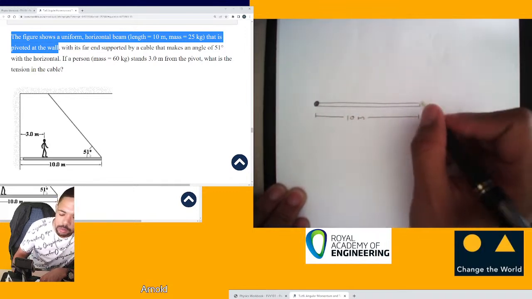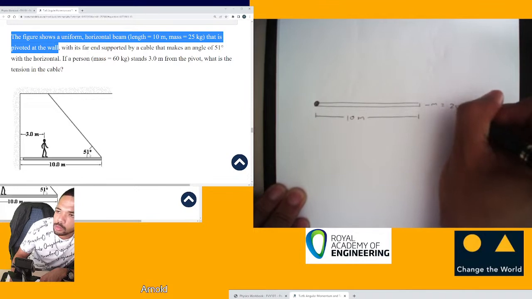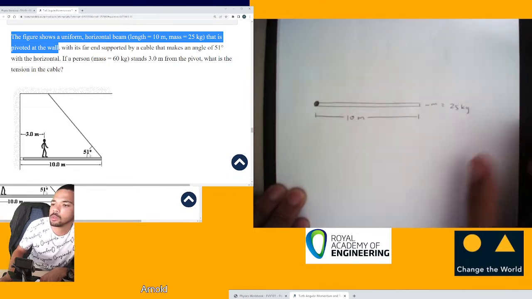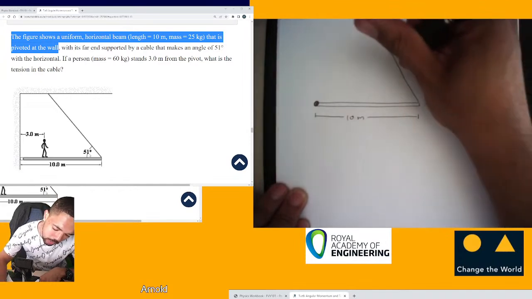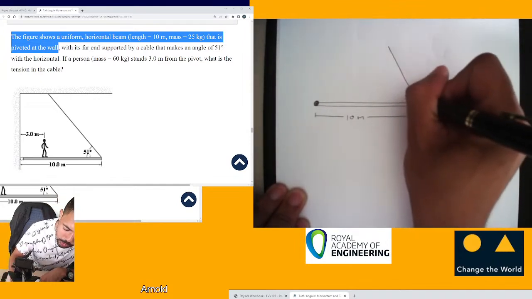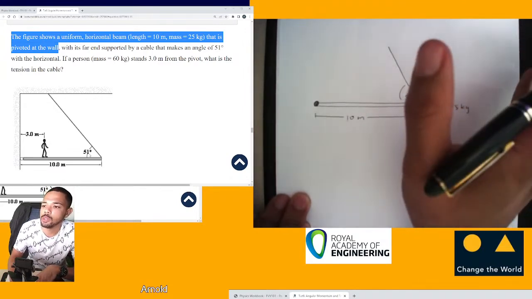This beam has a mass of 25 kilograms, and it is supported by a cable which makes an angle of 51 degrees with the normal. Okay, that's all we need.